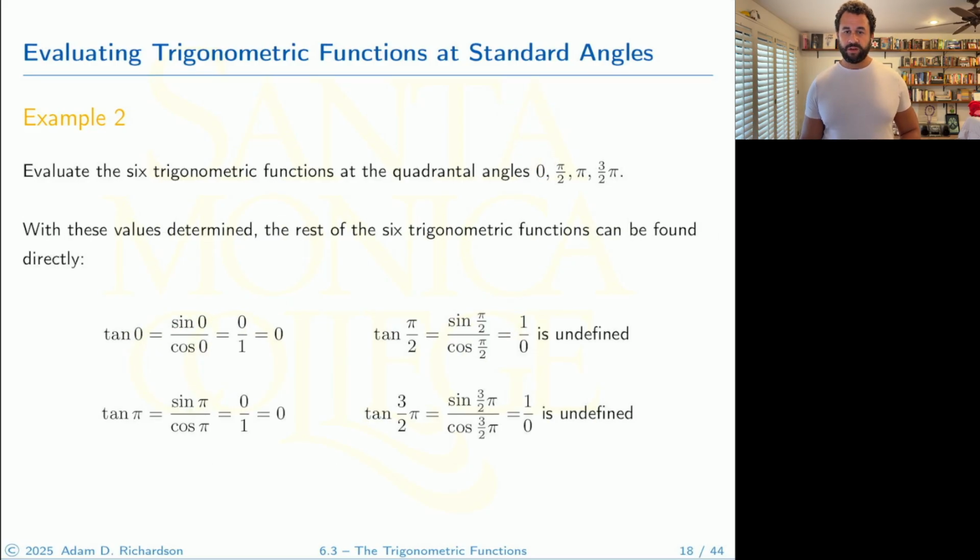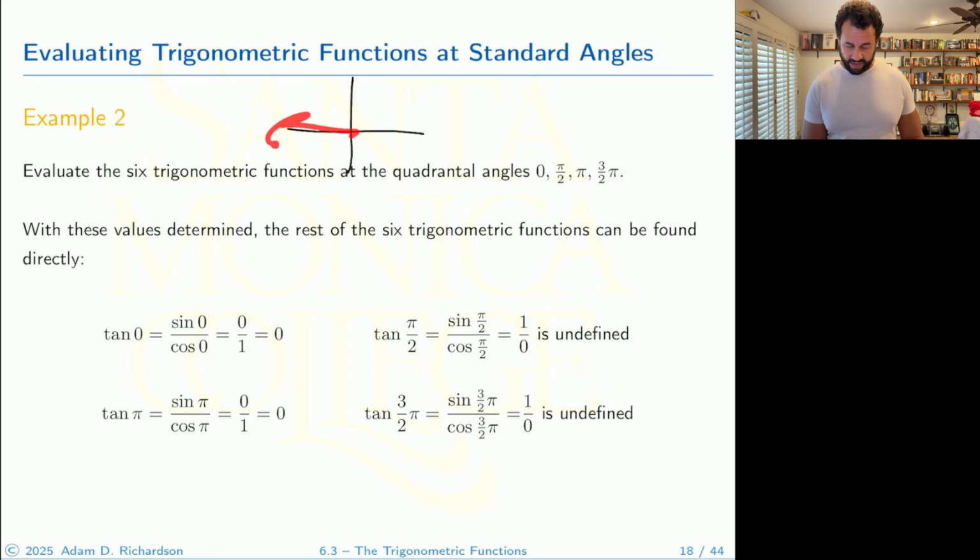All right, moving along. Tangent is just sine over cosine. It's the slope of those lines. So maybe I'll draw this real quick. Okay, so when the angle is this, the slope of that line is 0. When the angle is this, we're pointing up, that's a vertical line, so the slope is undefined.